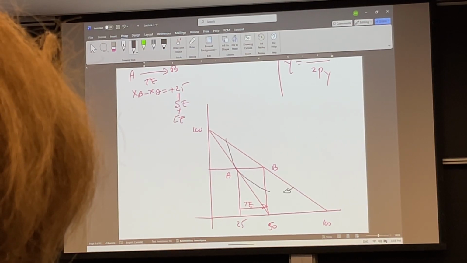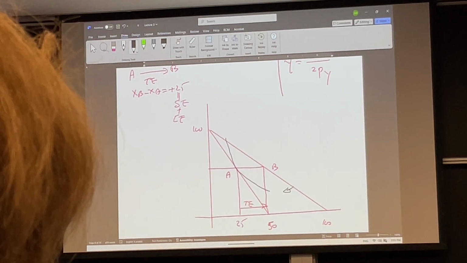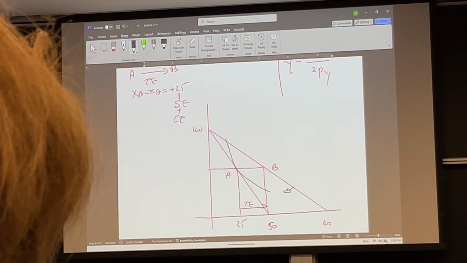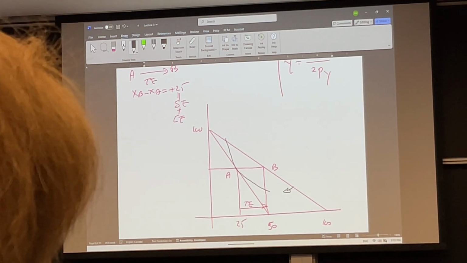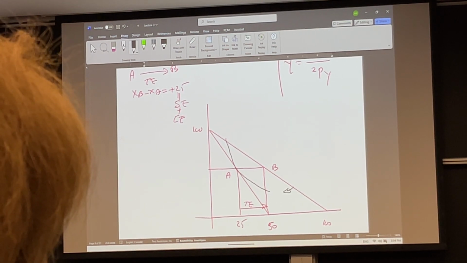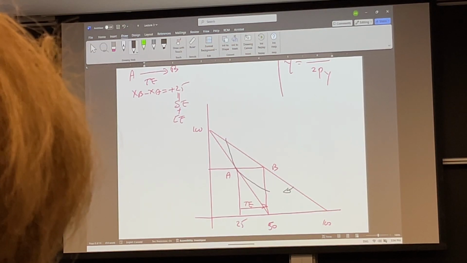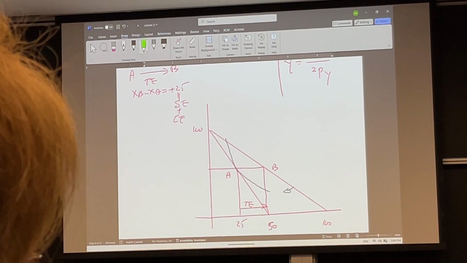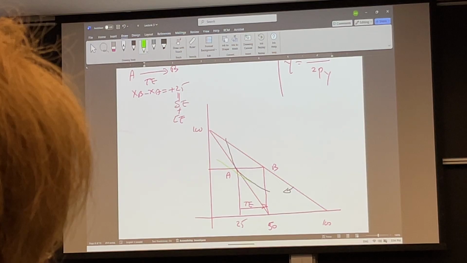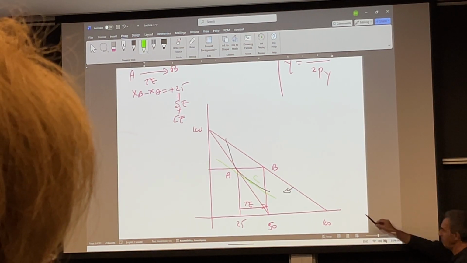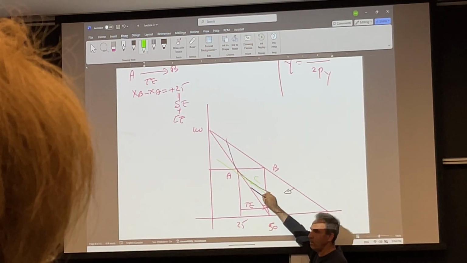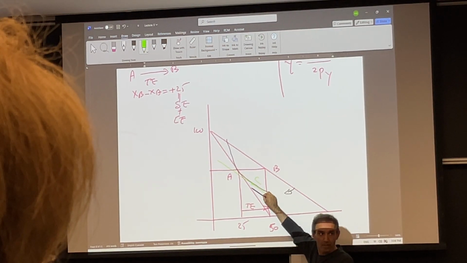At that point, he is as happy as before. That means I took away all the extra purchasing power that came through lower prices. That will isolate for substitution effect now. So I should eliminate the income effect, and income effect is eliminated at tangency. See, that is the income effect eliminated. So I took money from him. If I take anything more, he's unhappy now. I took too much money from him.